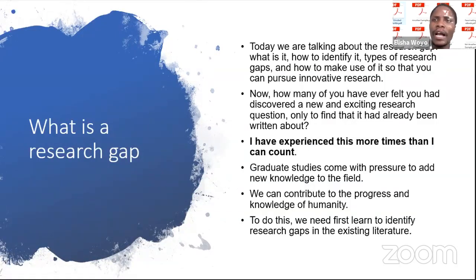So today we are talking about the research gap, what it is, how to identify it, the taxonomy of the research gaps, or the types of the gaps that could be available in literature, and how to make use of those gaps so that you can pursue innovative research, or so that your research, when you present it to your panel, people will be able to say, okay, you have something that is worth noting, or you have something that we can research on.